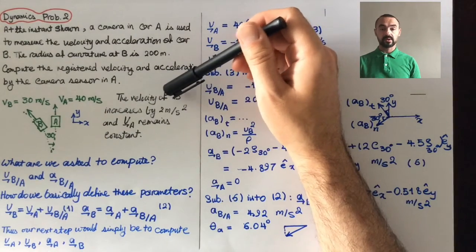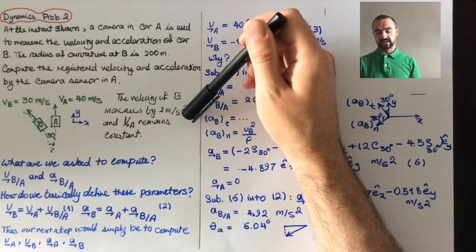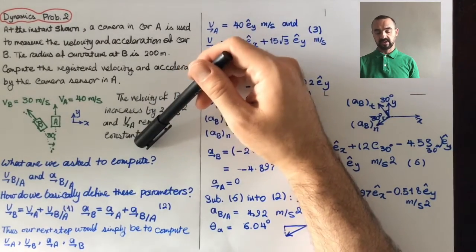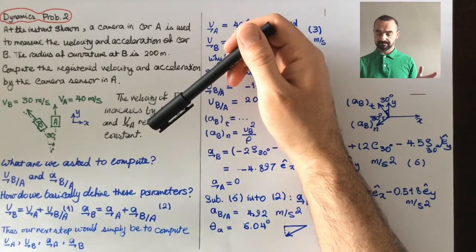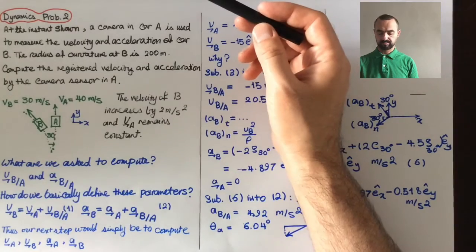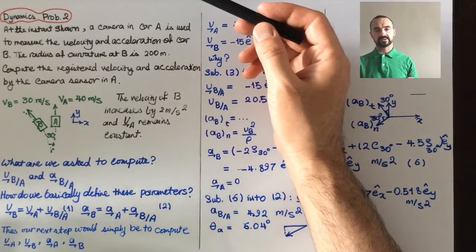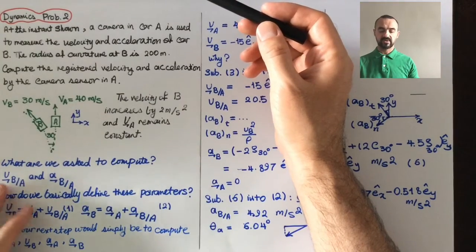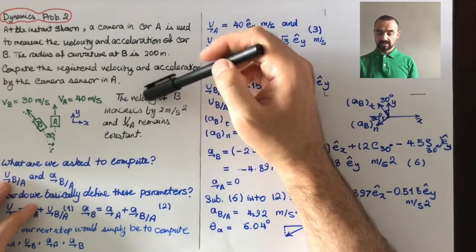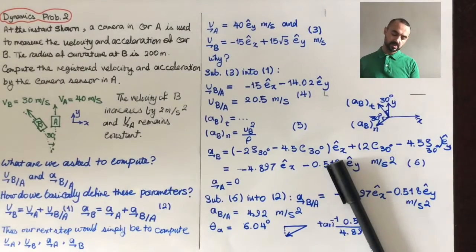So what we have here is the velocity of B increases by 2 meters per second squared, and velocity of A remains constant, and it's a straight line, pretty straightforward. Right away you could say what the acceleration of A is. Inertial acceleration of A is equal to 0. The velocity of B increases by 2 meters per second squared. In other words, the magnitude of this velocity increases by 2 meters per second squared.